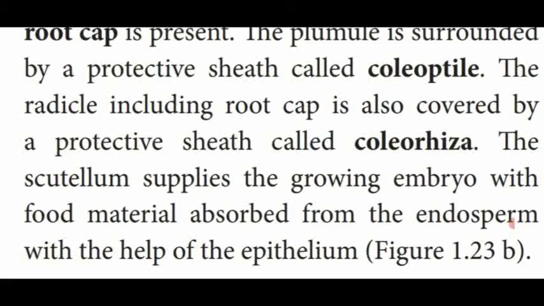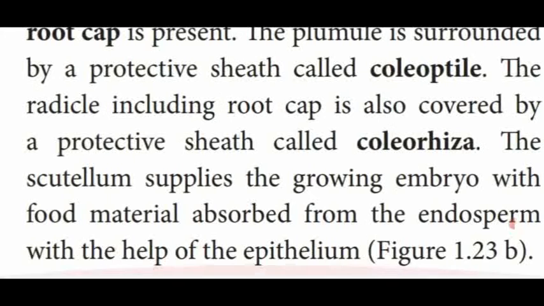The food materials are absorbed by the seed from the cotyledon, but in the monocot, the scutellum absorbs food material from the endosperm via epithelial tissue and supplies it to the growing embryo. So this is the difference between dicot embryo and monocot embryo.